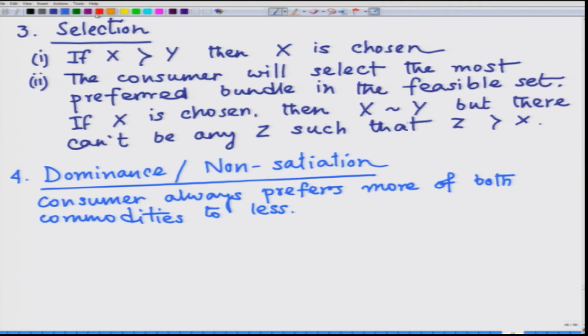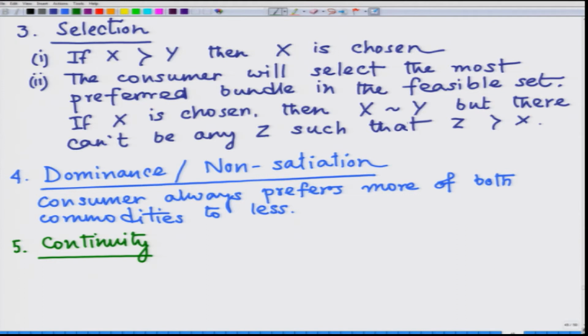The second last axiom that we are going to deal with is the assumption of continuity, and it means continuity of preferences.